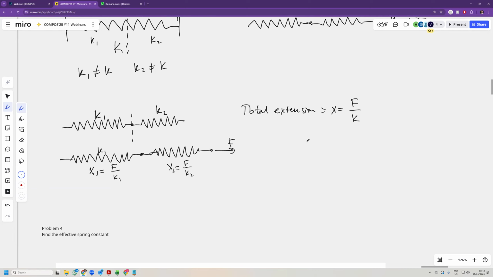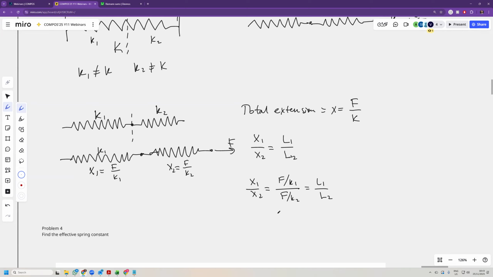the longer the spring, the more it extends. We know that the ratio of extensions X1 to X2 is going to be L1 to L2. So we can sub that in here. X1 to X2 is equal to F over K1, F over K2, and that's L1 to L2.